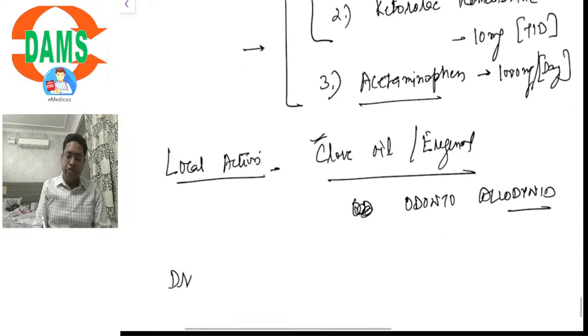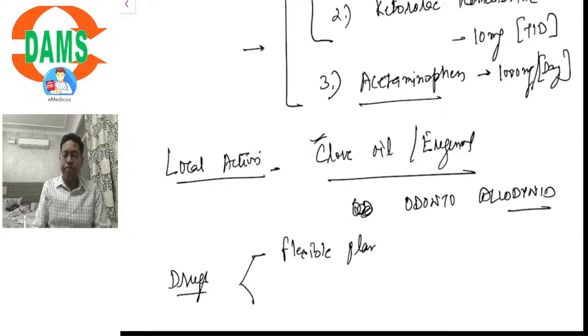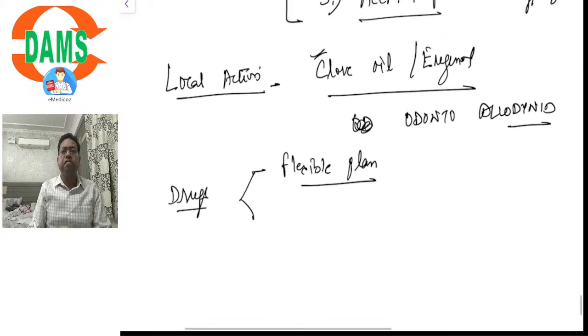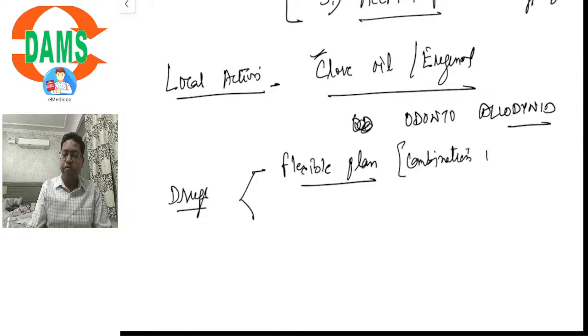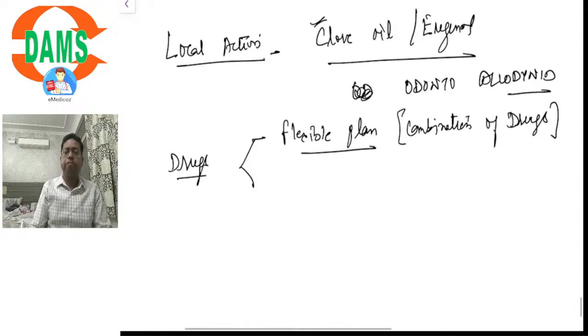For the drugs, the most important thing is that there should be a flexible plan. Flexible plan means we can use a combination of drugs depending upon the severity of endodontic pain: mild, moderate, and severe.